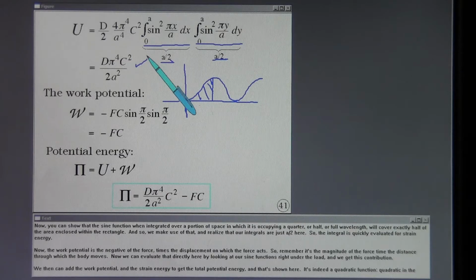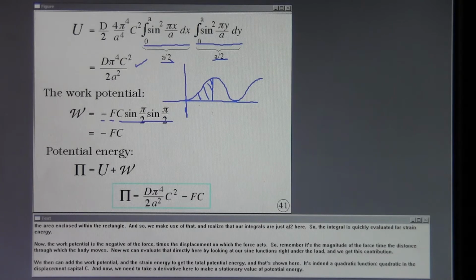Now the work potential is the negative of the force times the displacement on which the force acts. So remember, it's the magnitude of the force times the distance through which the body moves. Now we can evaluate that directly here by looking at our sine functions right under the load, and we get this contribution.